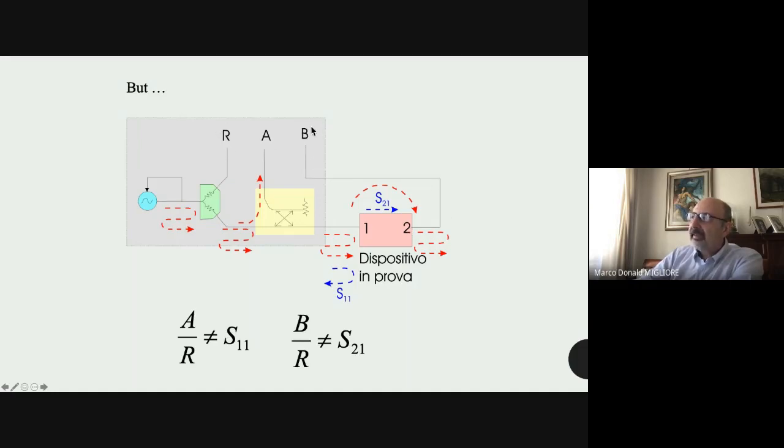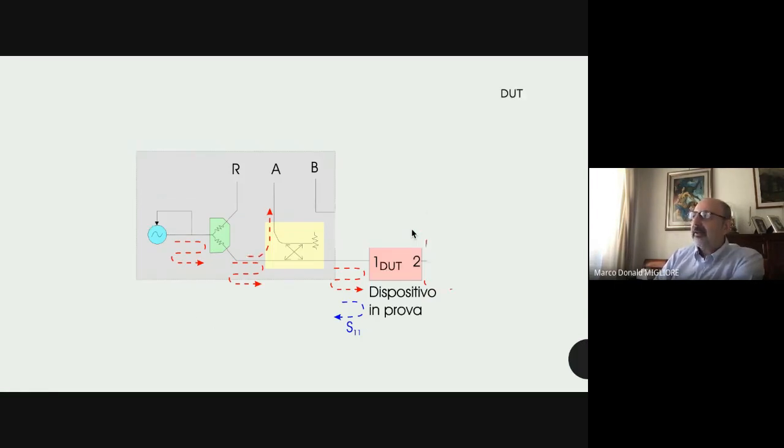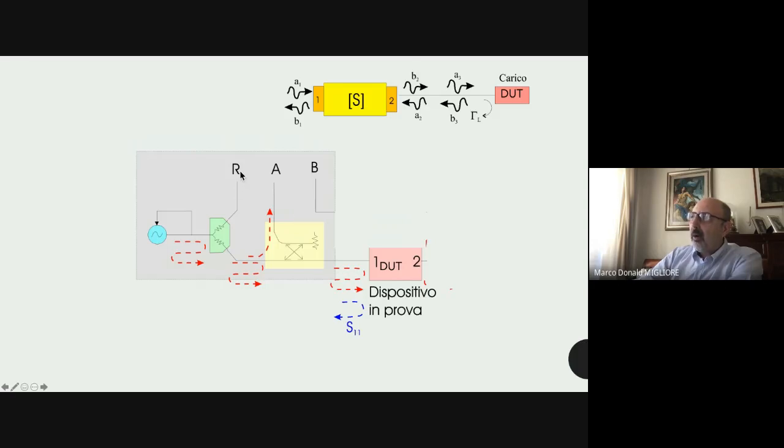What I measure is something at this section. What I would like is something at this section. How to solve this? Well, first of all, we can model all the components between the true measurement section and the measurement section where we want to know the reflection coefficient using this S model.